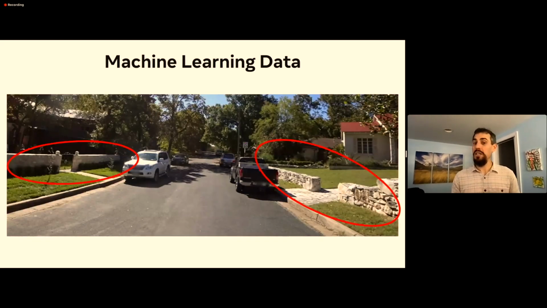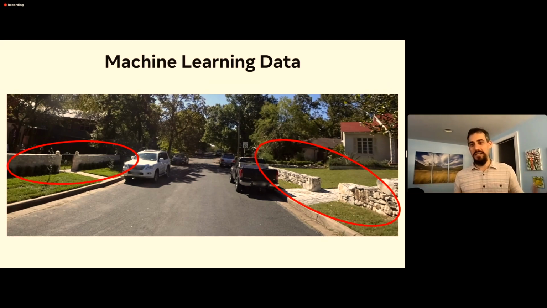We also use street level imagery to map sidewalks. This is an example that I pulled from Team Microphone that was doing some experimenting with automatically extracting sidewalks from imagery. And he was like, well, the computer thinks that these are sidewalks.